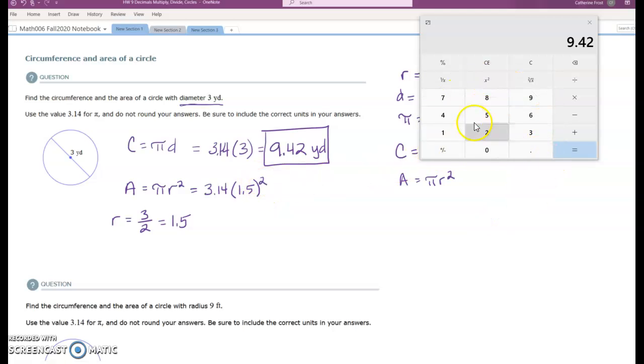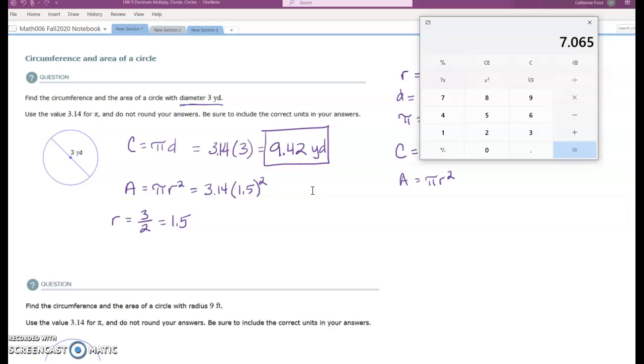With this kind of goofy calculator, I have to do this in a couple of stages, but with the Alex calculator, I'm pretty sure you can just input exactly this and it'll work really well. So I have to follow order of operations, 1.5 and then squared. So that's 2.25, and now I'm going to do times 3.14. 7.065.